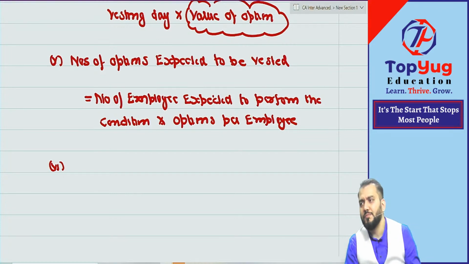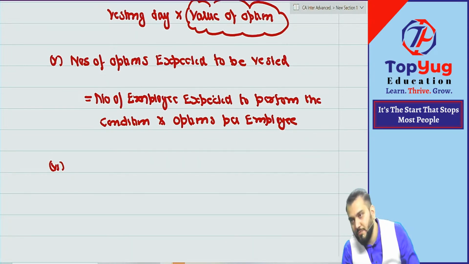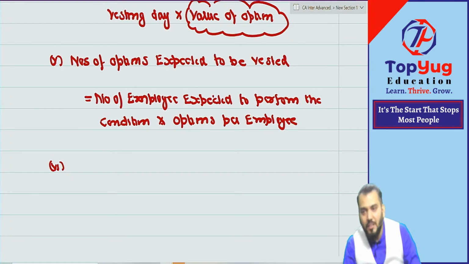Now, 2-3 attempts before, ICAI used to ask only questions based on intrinsic value. But now in the recent ICAI study material as well as in RTP, we have seen that they have started giving questions based on fair value of option also. Understood now?